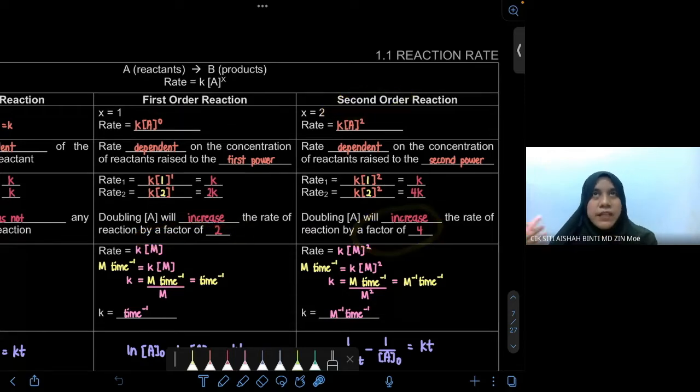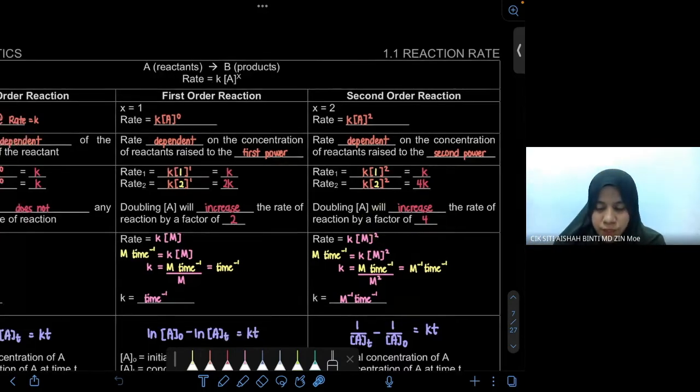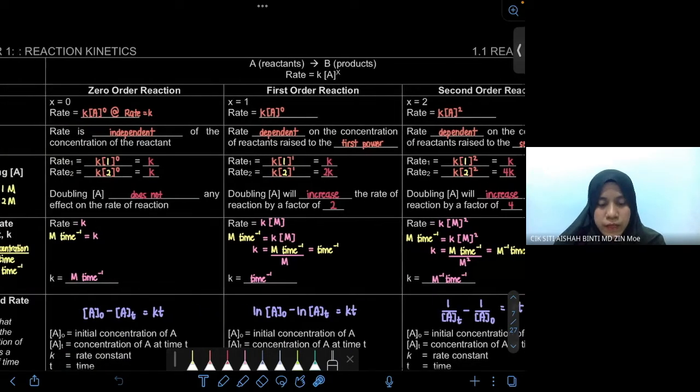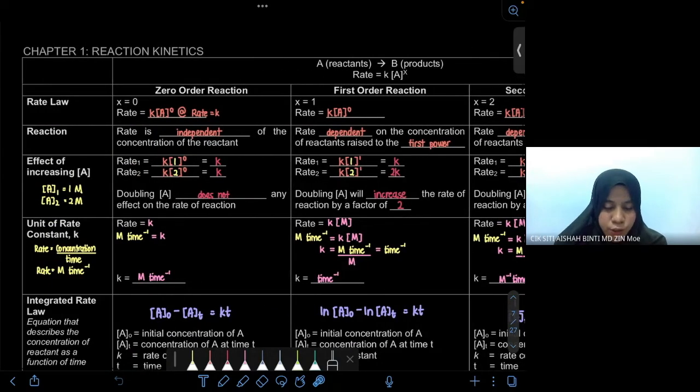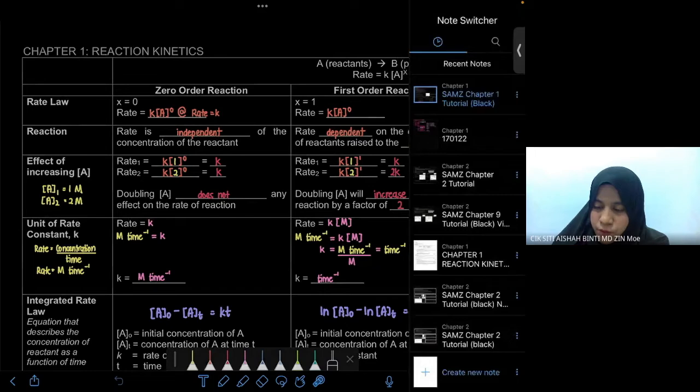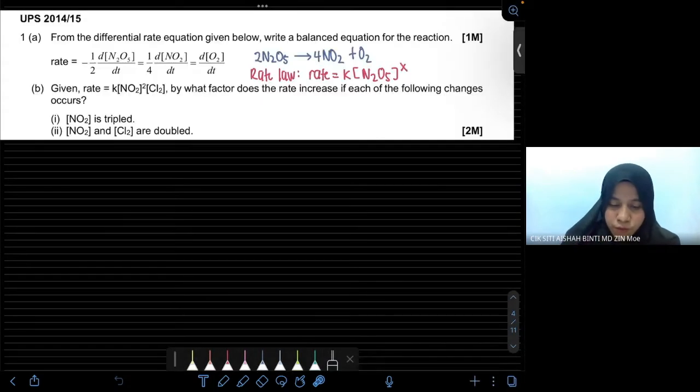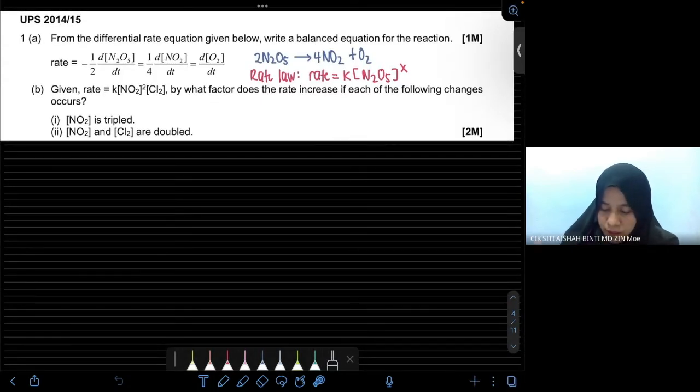Okay. Tapi yang tadi tu dia macam gabungkan ada 2 different order of reaction. Lepas tu dia suruh triple lah, ada yang double lah. Okay. So what we're going to do, sama juga macam ni, Miss akan assume the first concentration is 1 molar. Second concentration apa yang dia bagilah. Okay. So how do we answer it? Okay, so first one, what I'm going to write down is actually here.